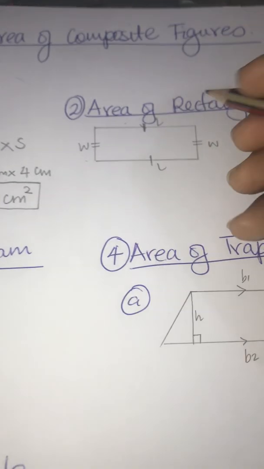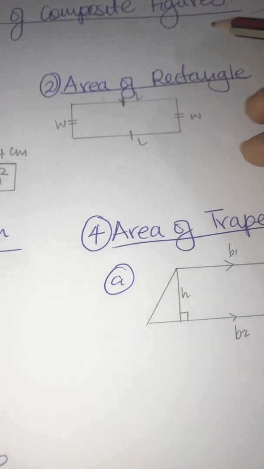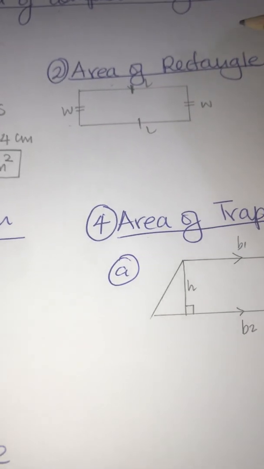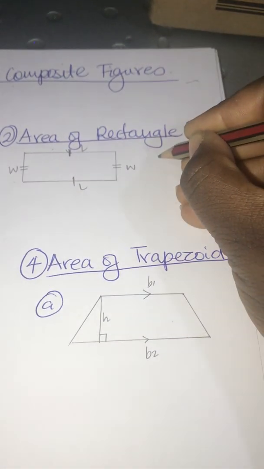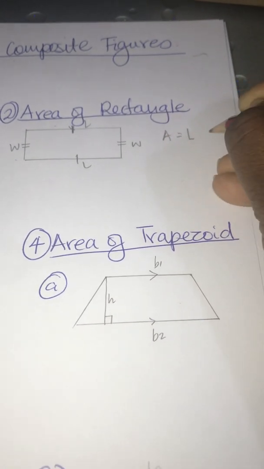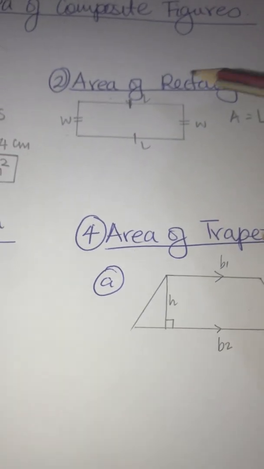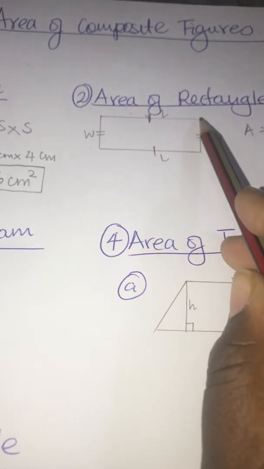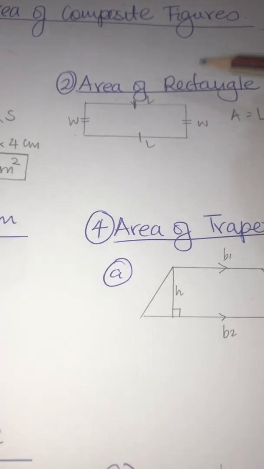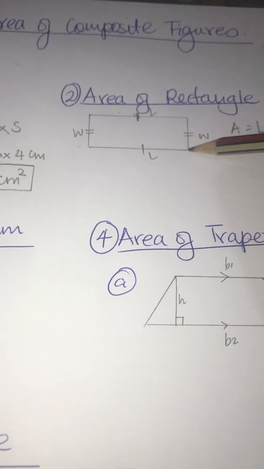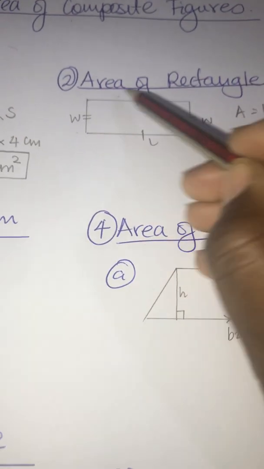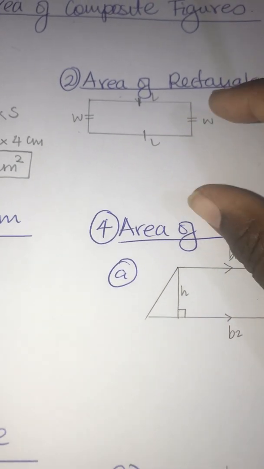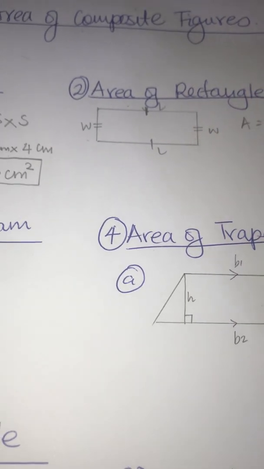Now let us do the area of a rectangle. When we want to find the area of a rectangle, the formula will be area equals length times width, okay? So the longer side is usually the length of your rectangle, and the shorter side is the width of your rectangle. So how long your rectangle is and how wide your rectangle is, okay?